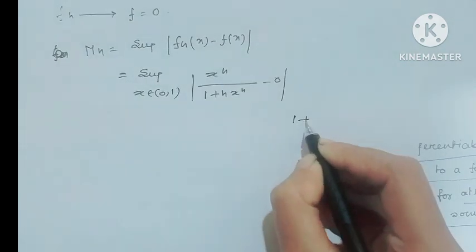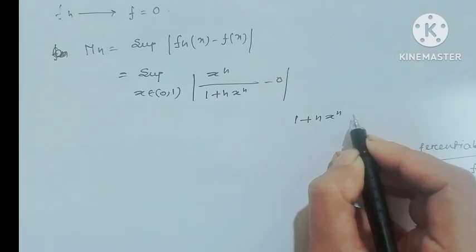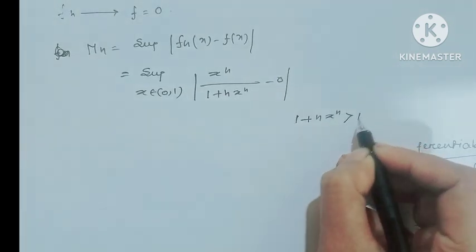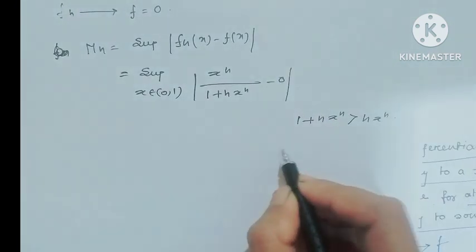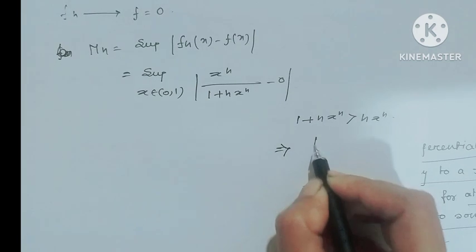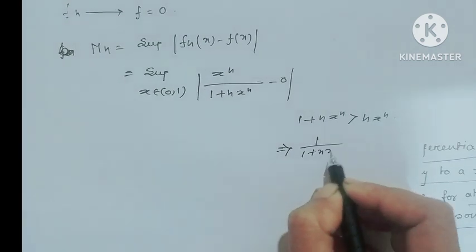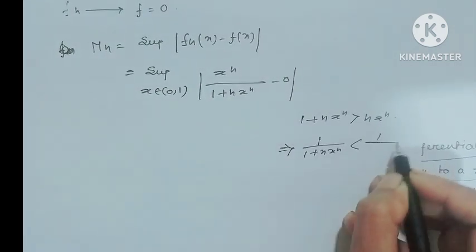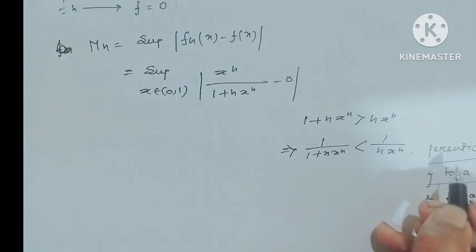Since 1 plus n x to the power n is strictly greater than n x to the power n, 1 over 1 plus n x to the power n is less than 1 over n x to the power n.